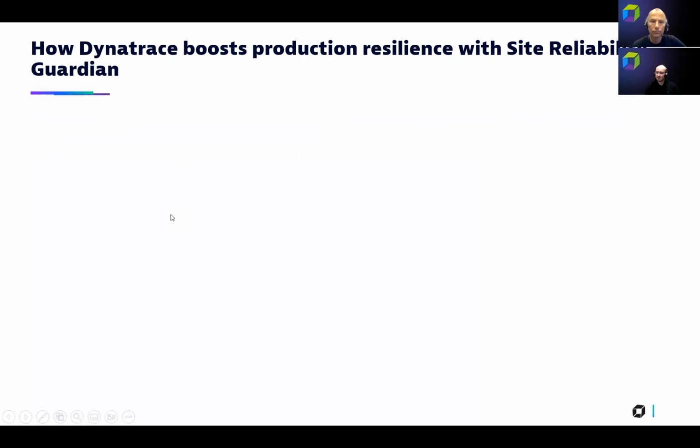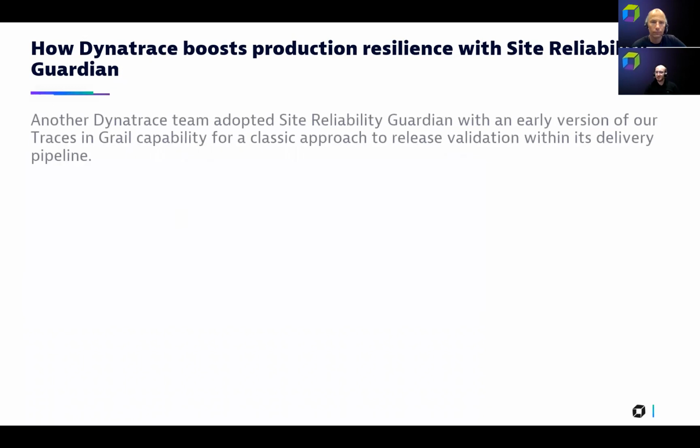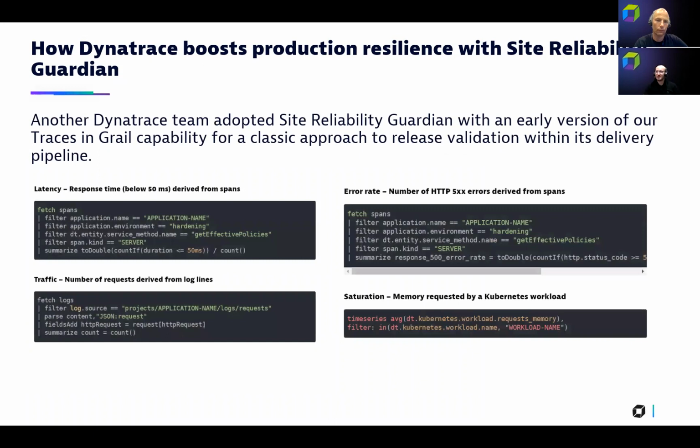Some of our teams also use this during chaos testing. Another team has adopted this Guardian for release validation, again by using Grail, with specific criteria, as you can see, that we fetch via Grail, and it is really important for them for their release validation in the delivery pipeline. Okay.